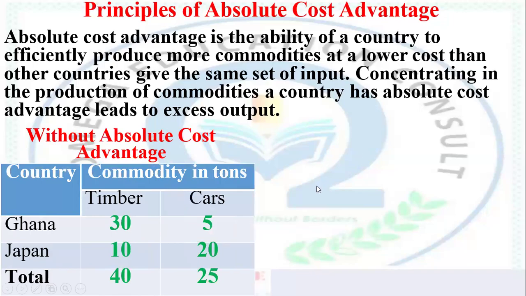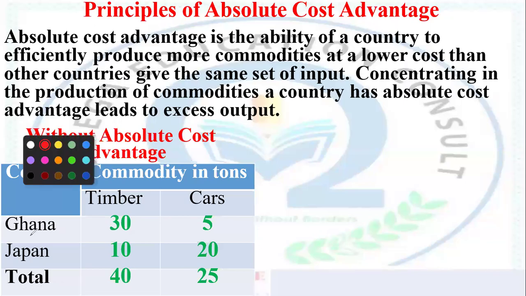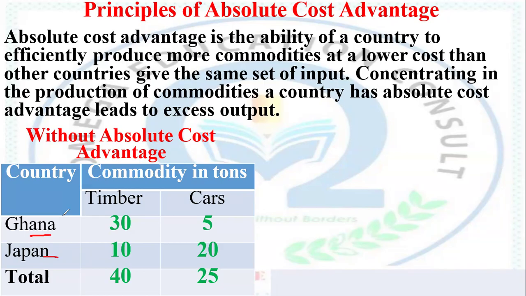So we have two countries here, and then we have two commodities here. Now, we assume that Ghana and Japan are two countries that are producing these two commodities, timber and cars. Now, when we come to Ghana, Ghana can produce 30 tons of timber. However, the same resources meant for 30 tons of timber can produce 5 tons of cars.